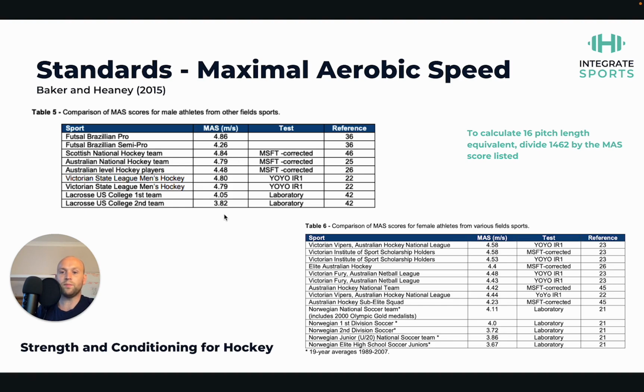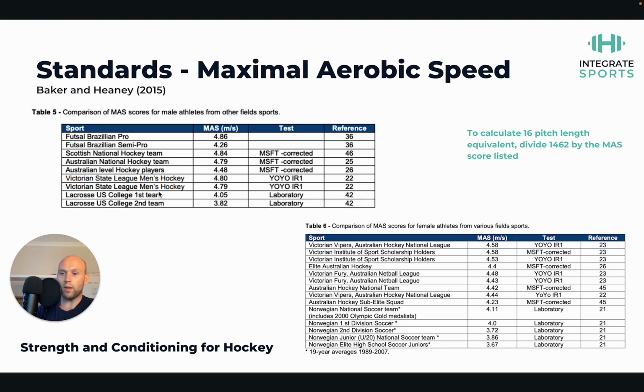And that equates to around a 5 minute 2 to 5 minute 5 16 pitch lengths run. So really, really quick. So we can take from that a good standard for international men's hockey would be pushing 5 minutes and below, which would be really, really good.